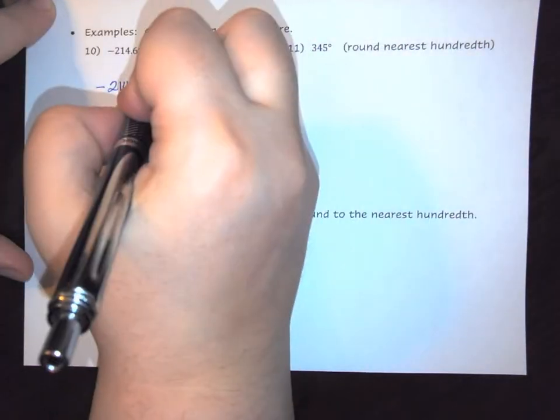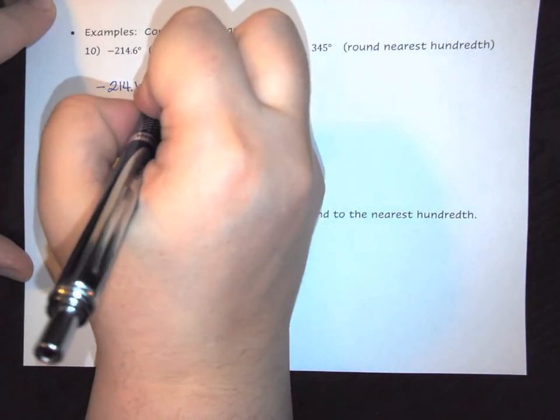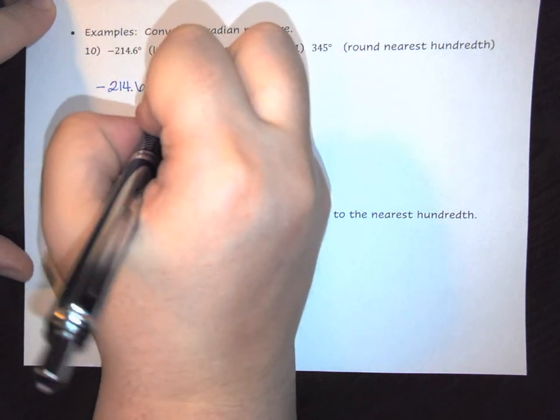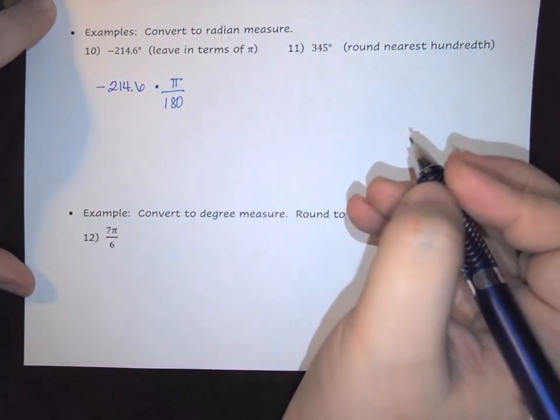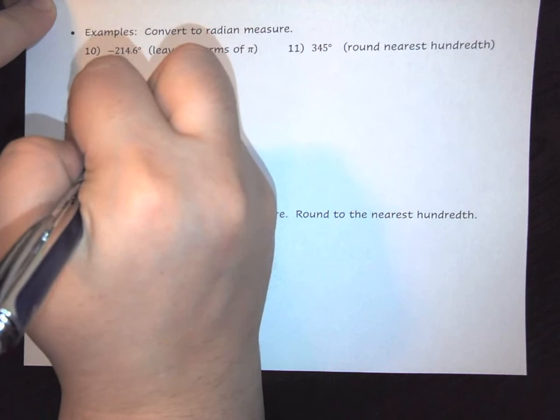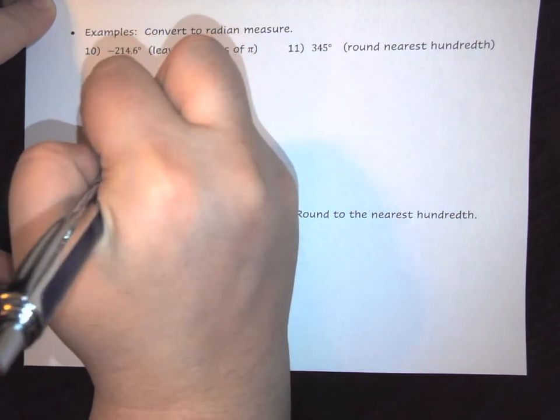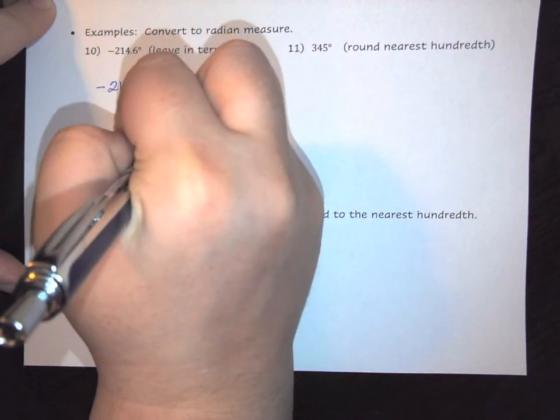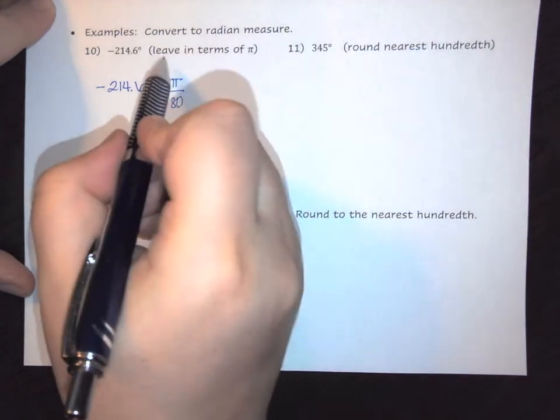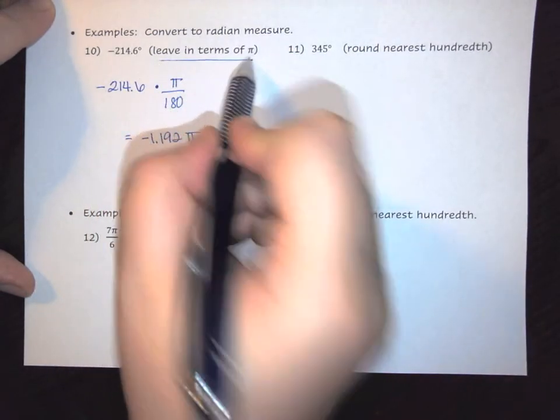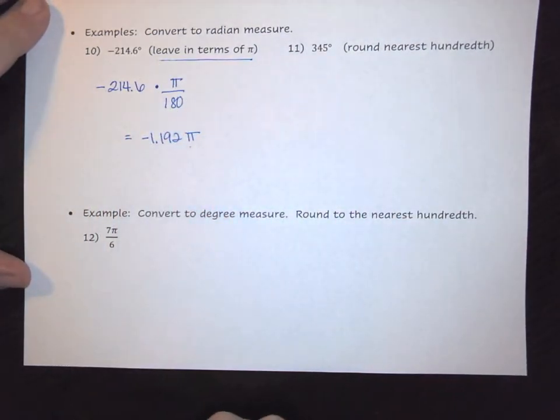To convert it, we're going to multiply by pi over 180. When we do that, we are going to end up with negative 1.192 pi. And notice this one said to leave in terms of pi, so we want to make sure we leave the pi on the end. Okay.